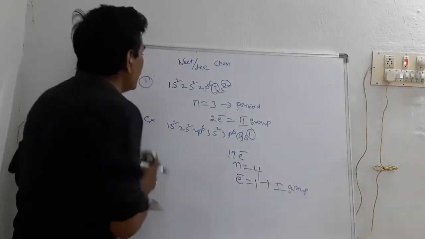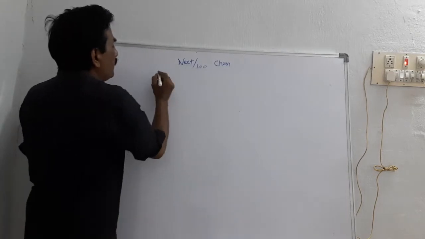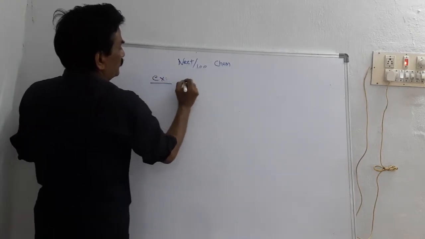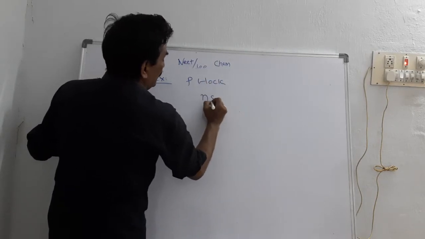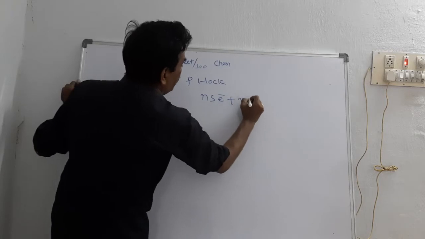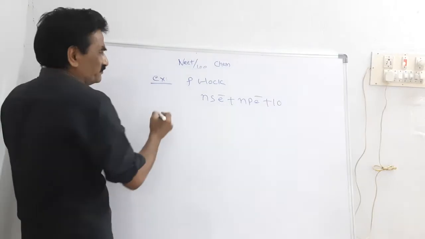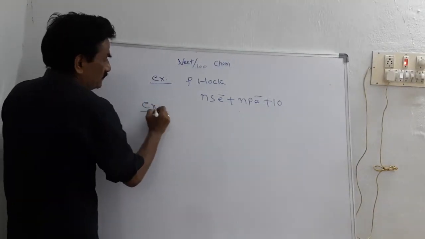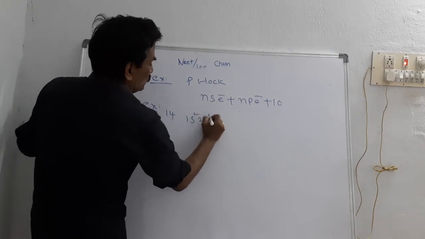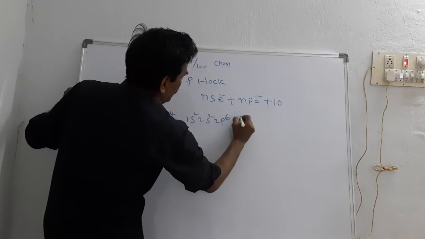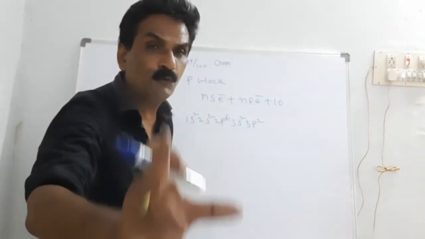At the same time, if it belongs to the p block, you simply add ns electrons plus np electrons plus 10. It is a simple question. Atomic number 14: 1s2, 2s2, 2p6, 3s2, 3p2. This is the configuration. I have to calculate the group and the period.